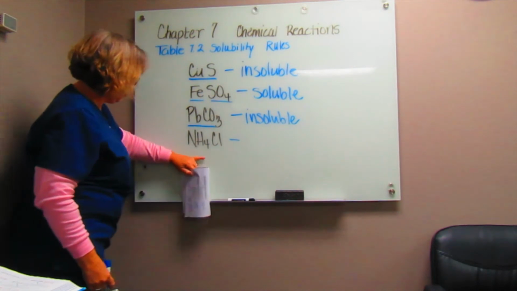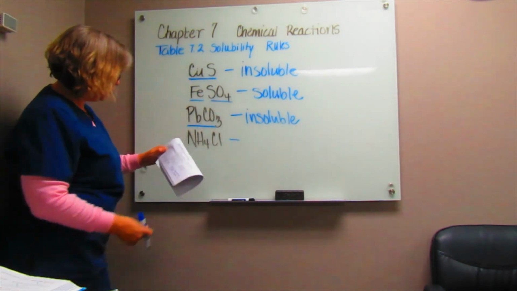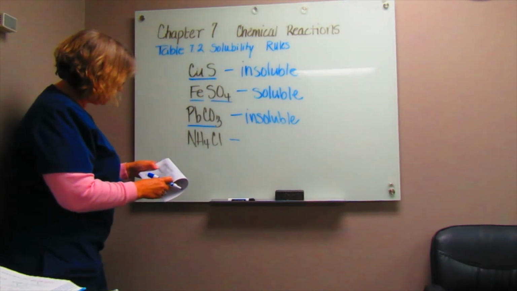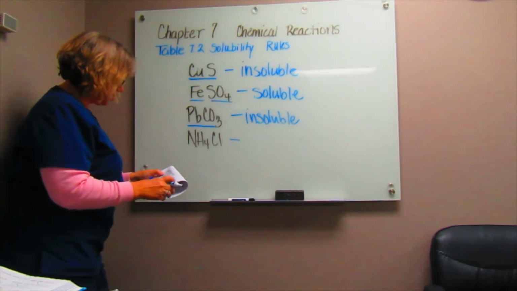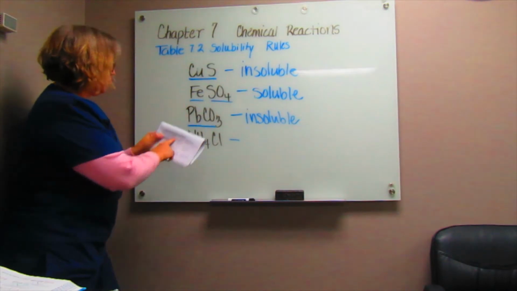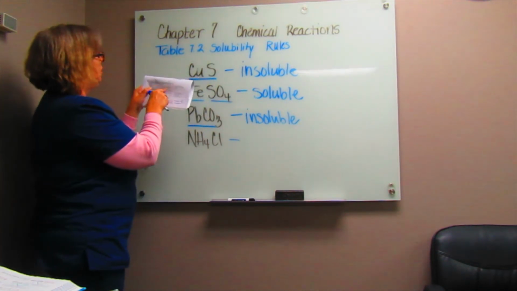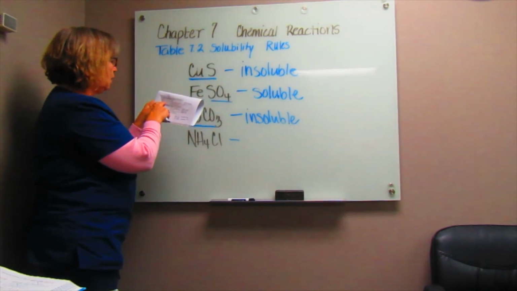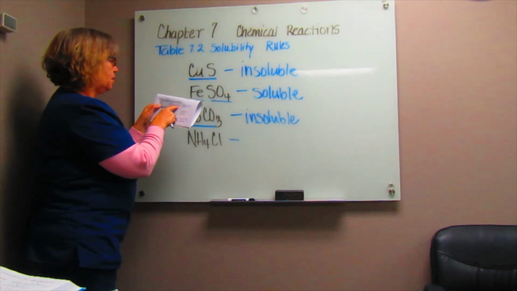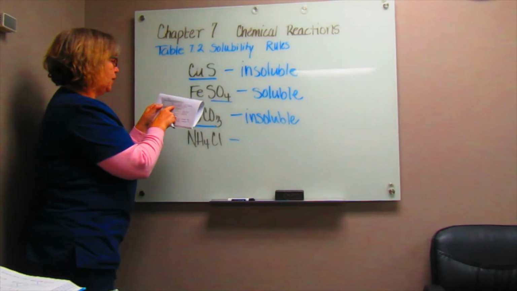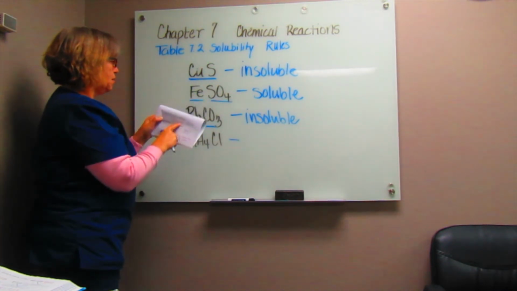And then we have our ammonium chloride. Chloride is on our list, is it not? Yes. So it's going to be in the top section. Chlorine pairs with silver, mercury, or lead. The compound is insoluble.